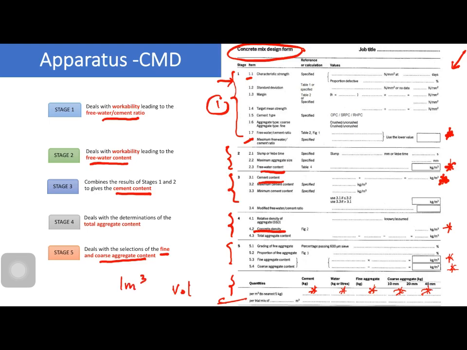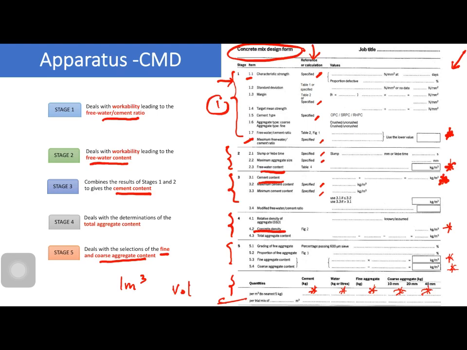So here another info about the concrete mix design is this column. This column shows specified. Under stage 1 we have specified, stage 2 also we have specified, and then stage 3 specified for the maximum and minimum content.